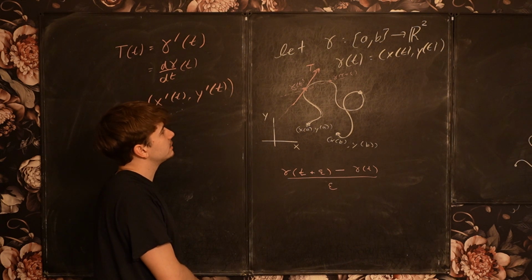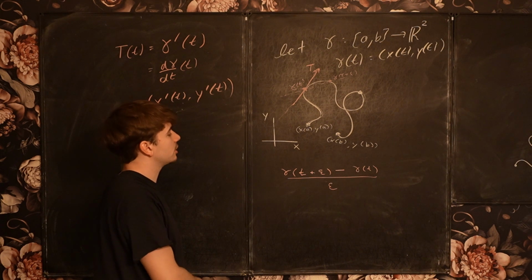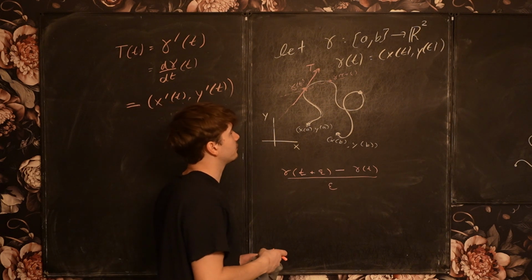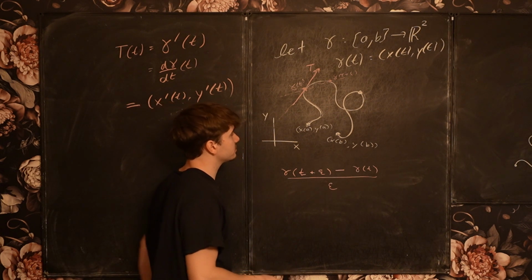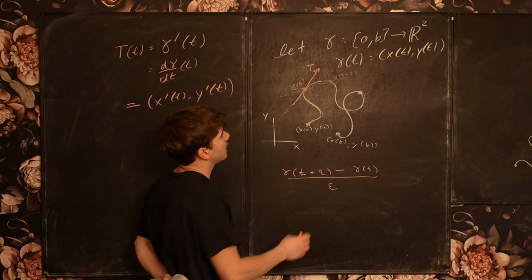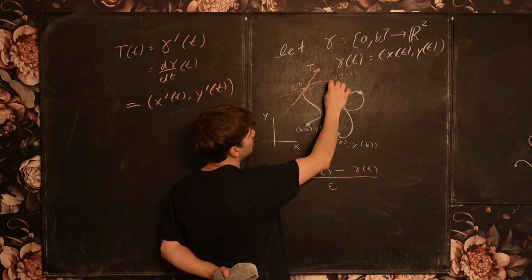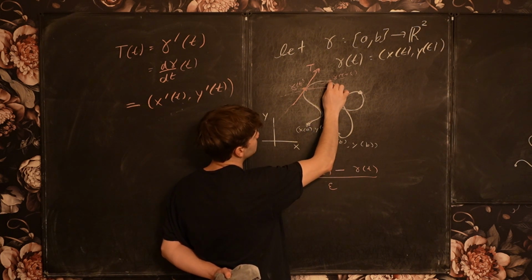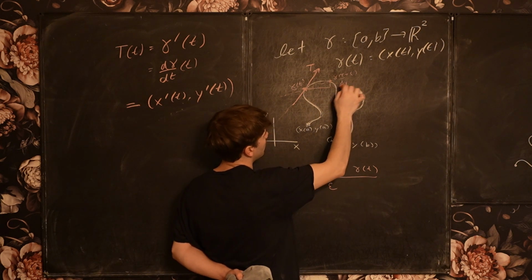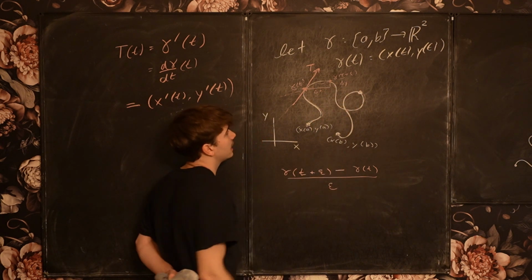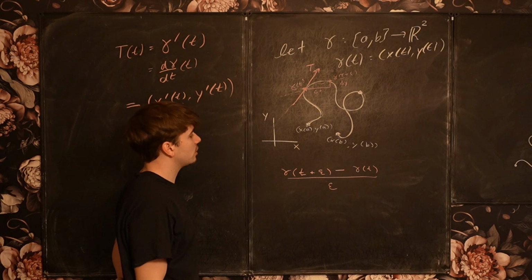So why is this the case? Let's think about it in terms of x and y. If I think about it in terms of x and y, then I know that the slope of this secant line is just rise over run, so delta y over delta x.